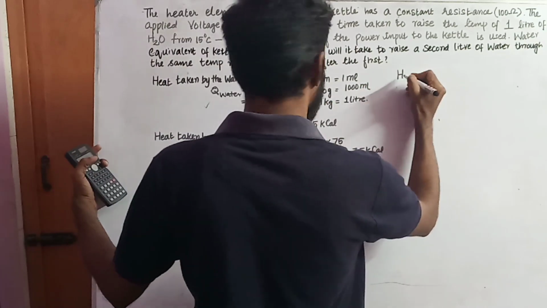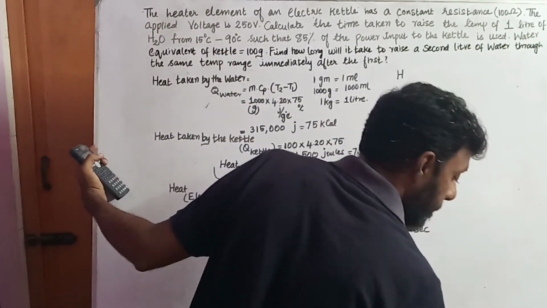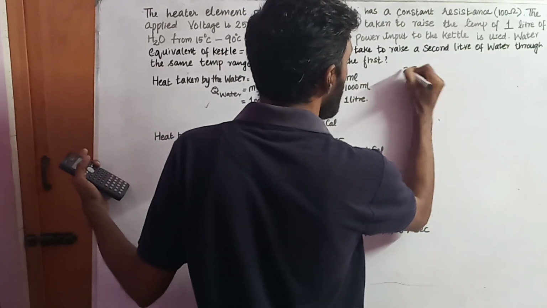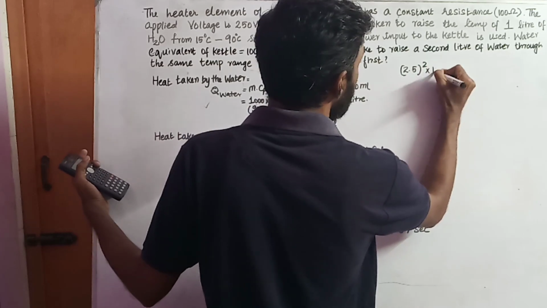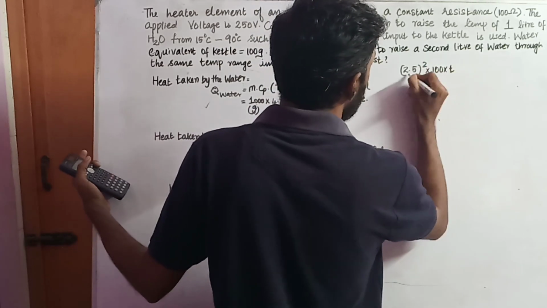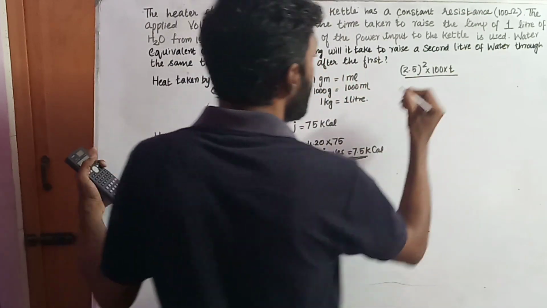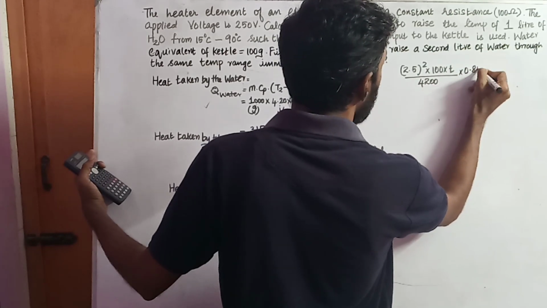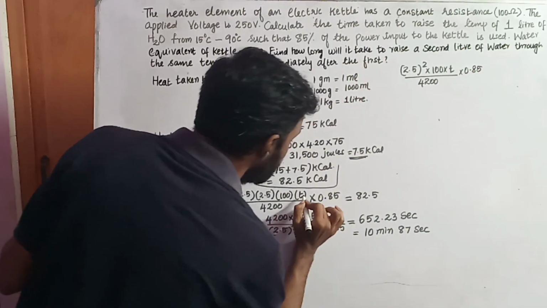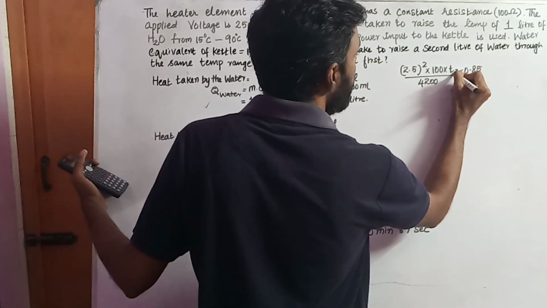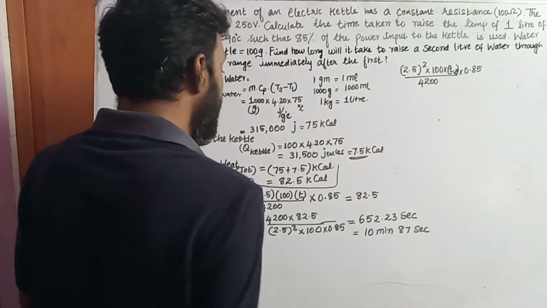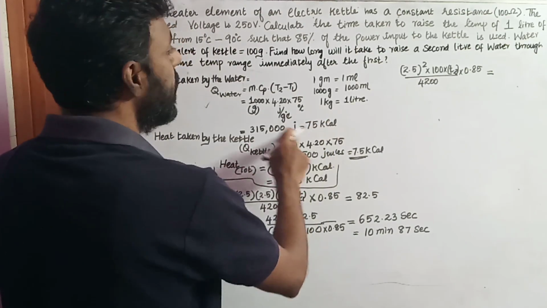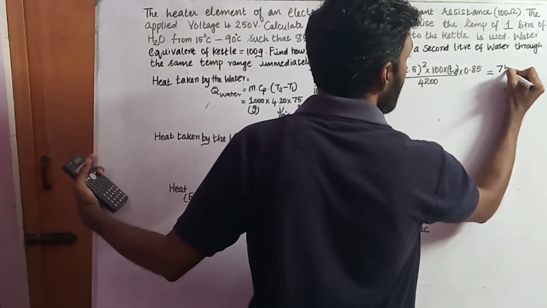So heat electric, that is 2.5 whole square into 100 into T divided by 4200, into 0.85. Let us assume this is T1, this is T2, into 0.85 divided by 4200, which is equal to this 75 kilocalories. You need to equate with 75 kilocalories.